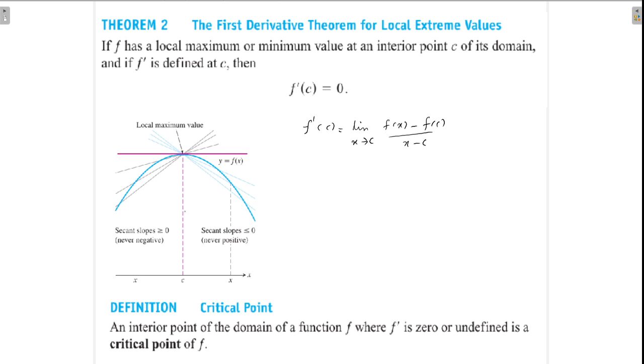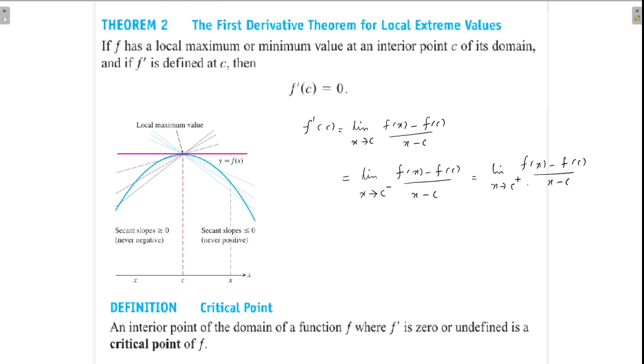When you consider this example, this is our y equal to f of x. Suppose this f attains its maximum at x equal to C. Without loss of generality, you can also assume f attains its minimum at x equal to C. If f attains its maximum, then we need to evaluate this limit at the point C. In order to evaluate this limit, we need to evaluate two different limits: the limit as x tends to C minus of f of x minus f of C divided by x minus C, and the limit as x tends to C plus of f of x minus f of C divided by x minus C. This is the left hand limit and this is the right hand limit.